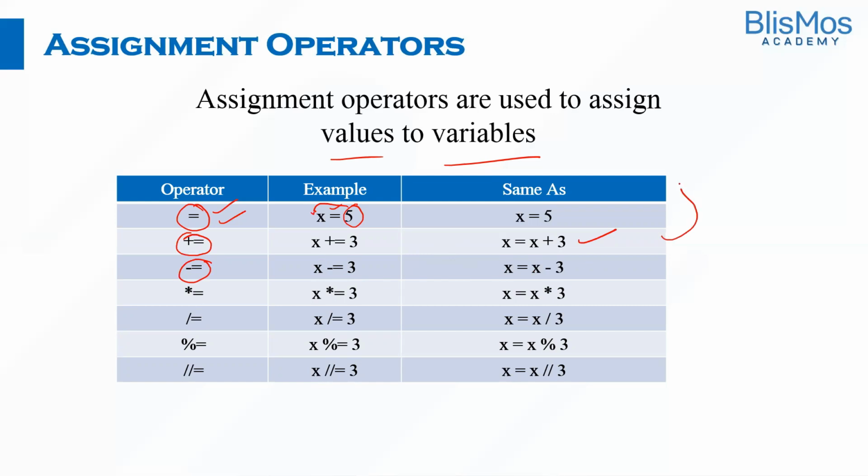If you want to take this example further, assuming that x is equal to 5, when we say x plus equals 3, that means x is equal to x plus 3. That means x is equal to 5 plus 3. That is, x is equal to 8. That is how assignment operators work.